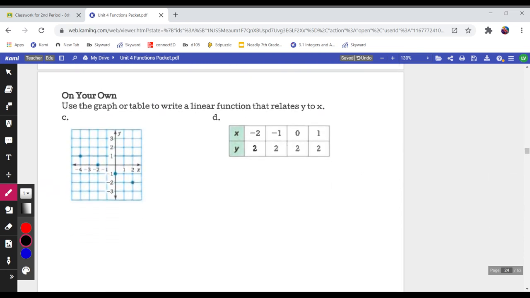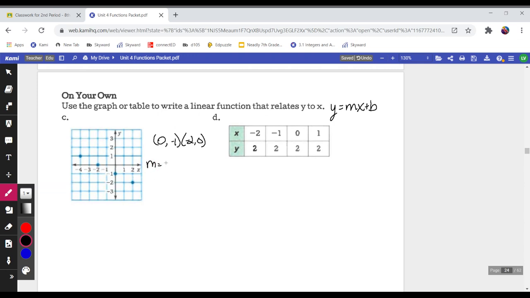So on your own, we're going to use the graph or table to write a linear function that relates y to x. Again, just a fancy way of saying put it in slope-intercept form, y equals mx plus b. All right, so I want to identify the slope. I'm going to pick 2 of the ordered pairs, (0, negative 1) and (negative 2, 0).